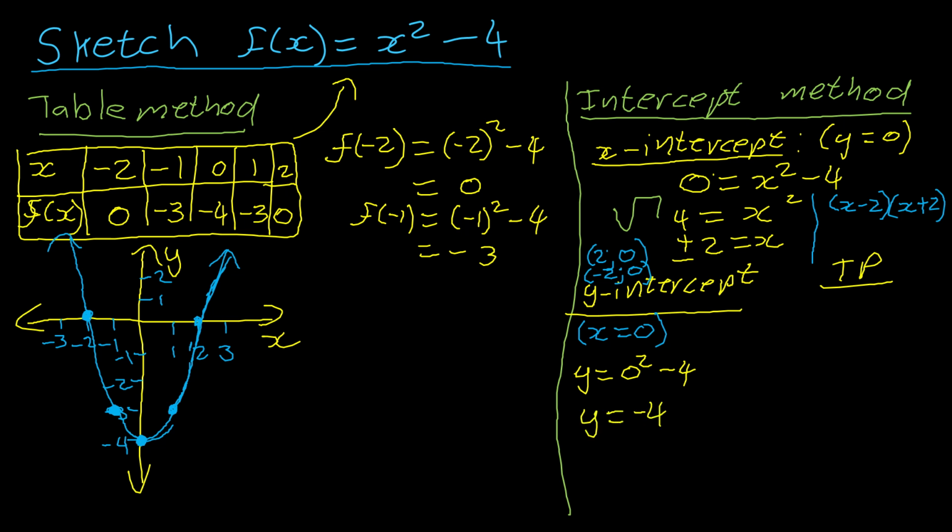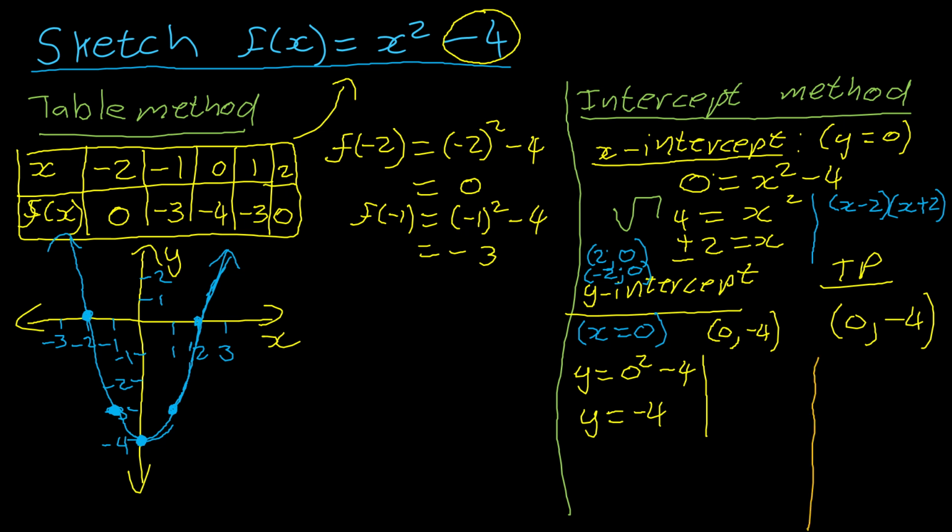Or, since we know that the minus 4 tells you where the y-intercept is, you could have immediately said the coordinate is 0, minus 4. Similarly, we know that the turning point will be on the y-intercept, so the turning point is also at 0, minus 4.